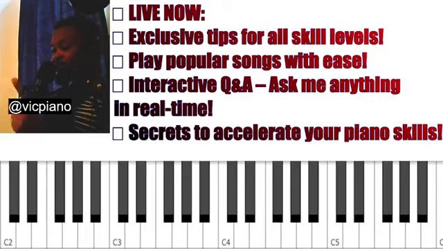So the first skill you should try to use is the chromatic scale. I think that's one of the simplest skills to use when you want to make your playing interesting. Now, what is a chromatic scale? Chromatic scale is a skill where you move either ascending or descending without skipping any notes or keys.